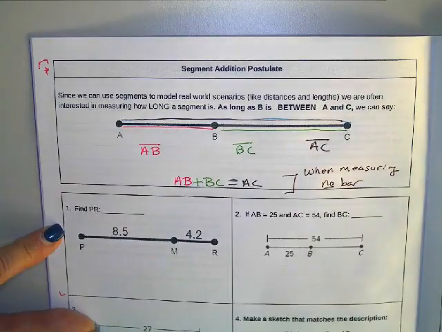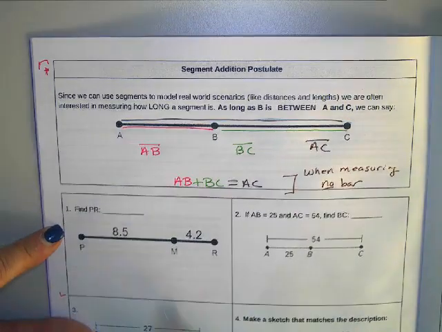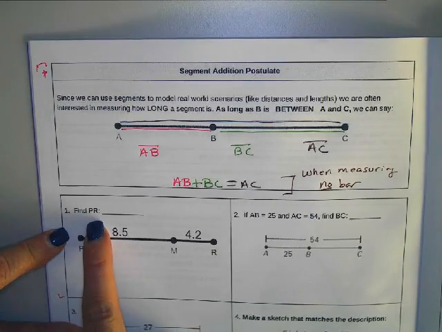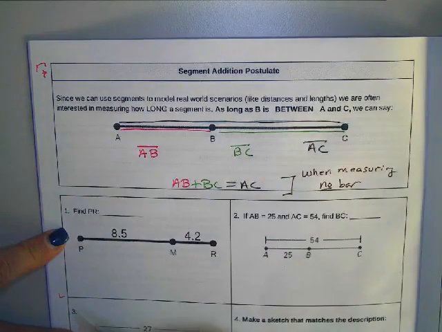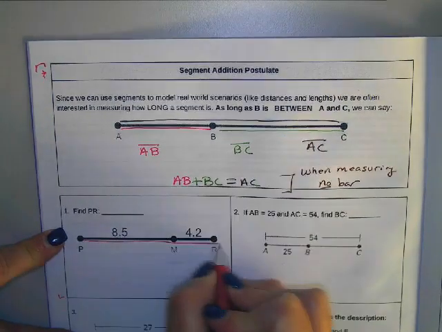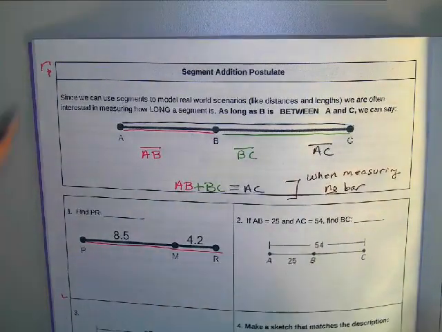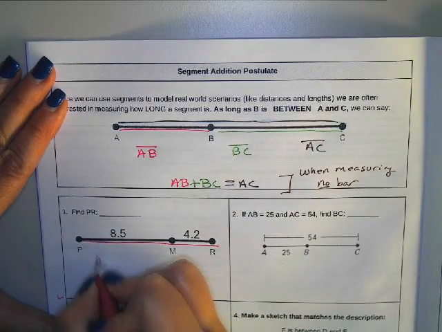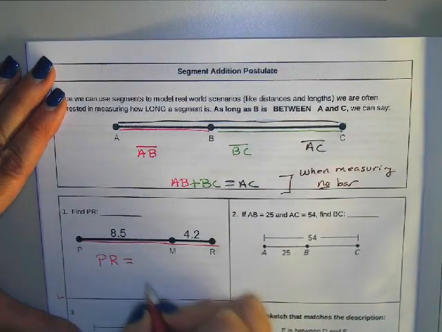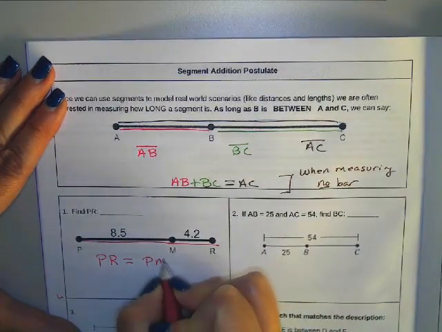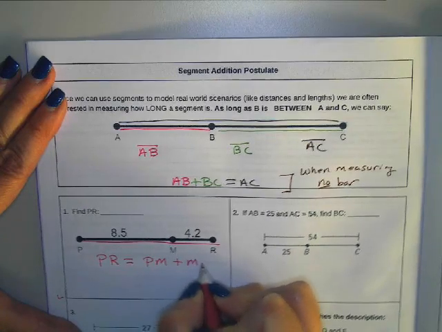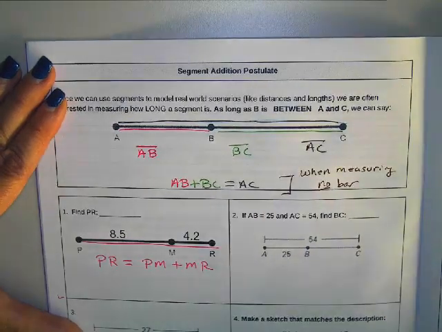All right, so let's do a couple examples here. For number one, I want you to find the length of segment PR. A lot of times it helps to highlight what you're looking for. We're looking for the whole thing. And so if we want to do the whole thing, we need to do the two segments. So PR equals PM plus MR, the two segments together.